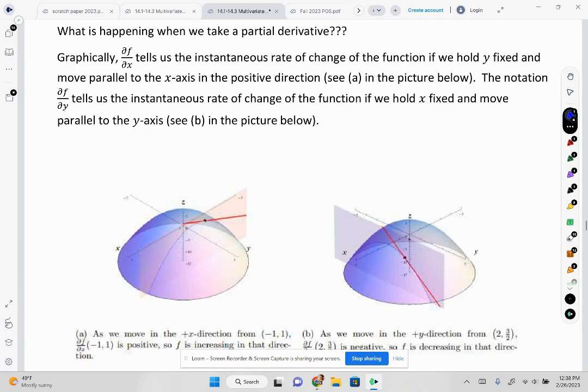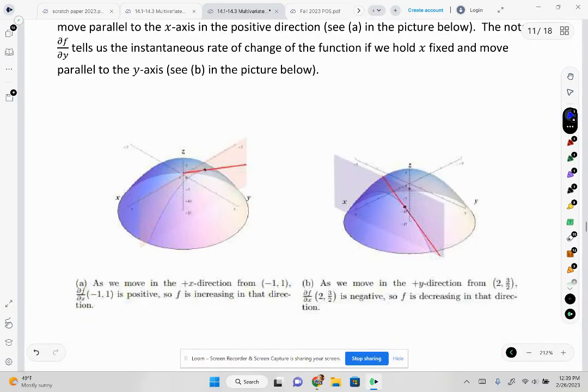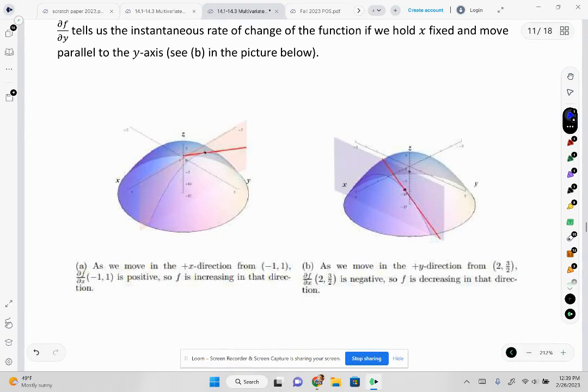If you fix y equals 0 and just walk along the x-axis, you're going to see how things change with respect to x and not with respect to y, because you have fixed y. Similarly, del f del y tells us the instantaneous rate of change if we were to hold x fixed and then move parallel to the y-axis. We can see this in some of the pictures here.